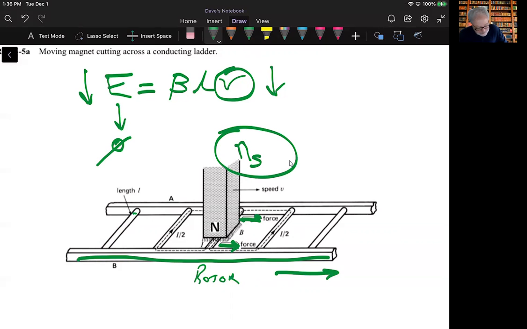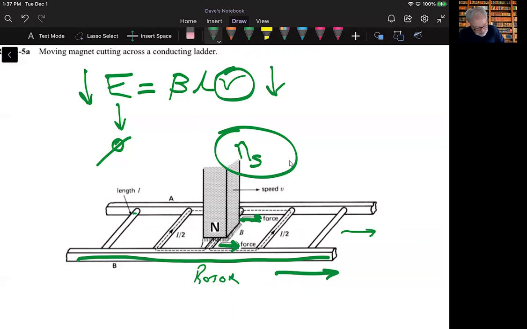Under those conditions, that would be 0 and no more voltage developed. So what you have to have in an induction motor is that the rotor speed, the ladder in this example, will always be slightly less than the speed of the magnetic field. You have to have that relative speed in terms of cutting the bars, and if you lose that, it goes to 0.